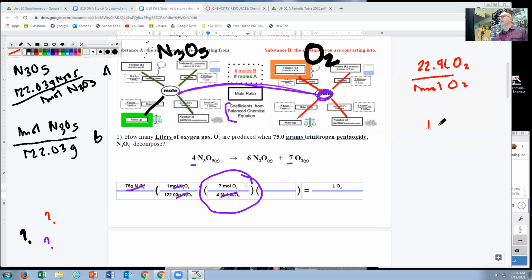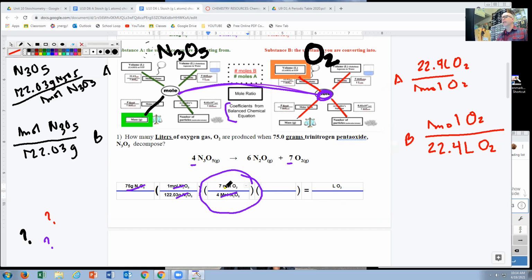Or it's going to be 1 mole of oxygen for every 22.4 liters. I'm writing a little slower so that it doesn't glitch out. So my question is, which one of these are we going to use? Are we going to use conversion factor A or conversion factor B?